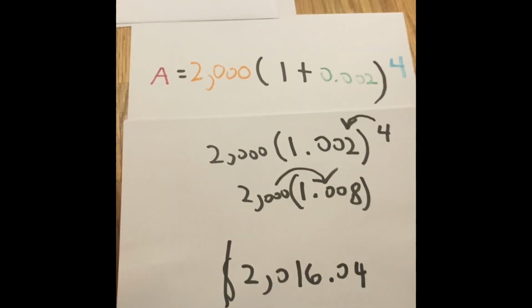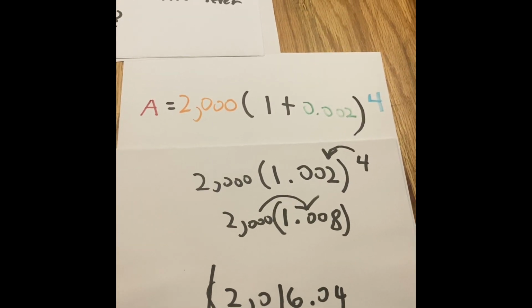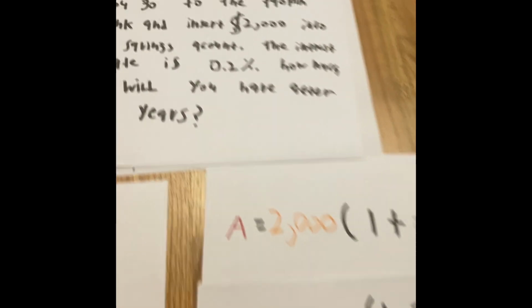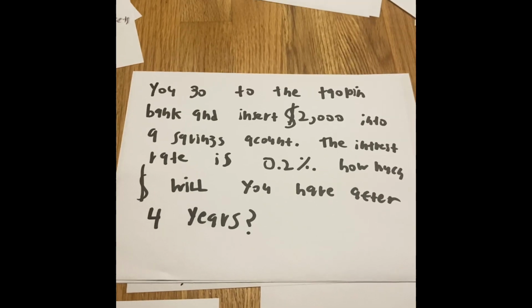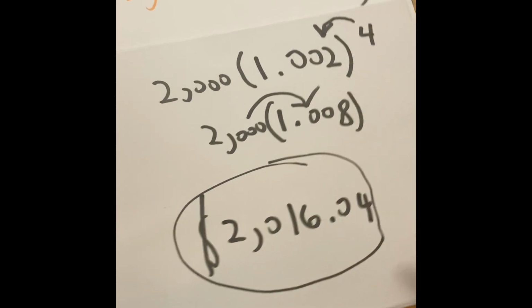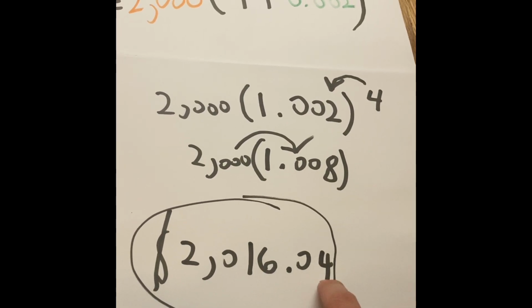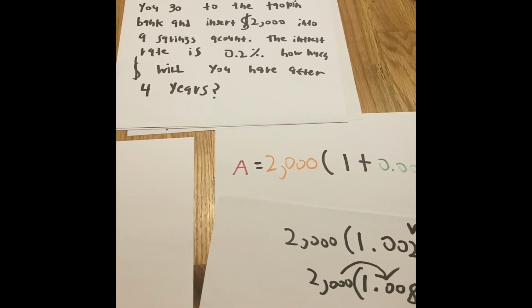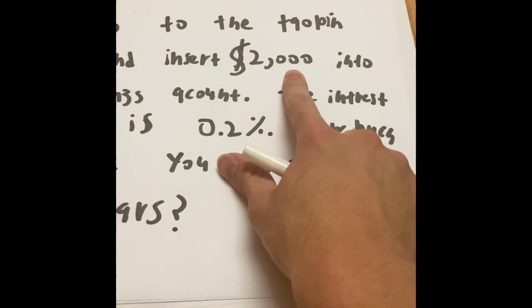So if you have $2,000 in your savings account and the rate is 0.2%, then after 4 years you will have this in total. You will earn $16.04 if you take the difference of this and the principal.